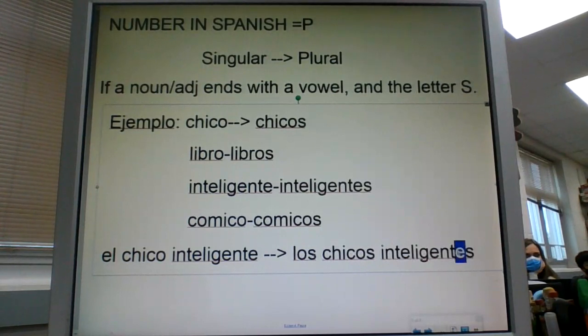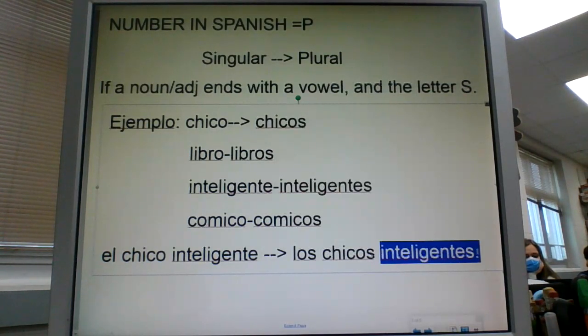Add the letter S, especially since it ends with a vowel. Which means what is los chicos inteligentes? The boys smart. Okay, yeah, exactly. Literally, the boys smart, the boys intelligent. What's another word for intelligent, smart? Is there any other words? Intellectual.